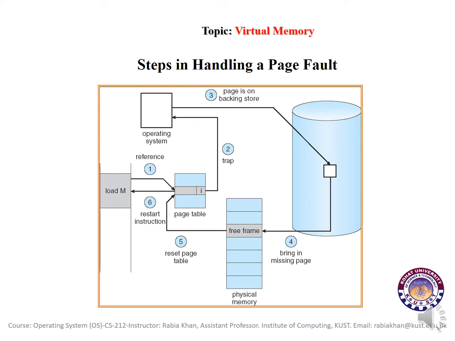The page that is being executed on the CPU requests another page or an instruction located on some other page. So here you can see in step 1, a running page references an instruction which is located on another page.